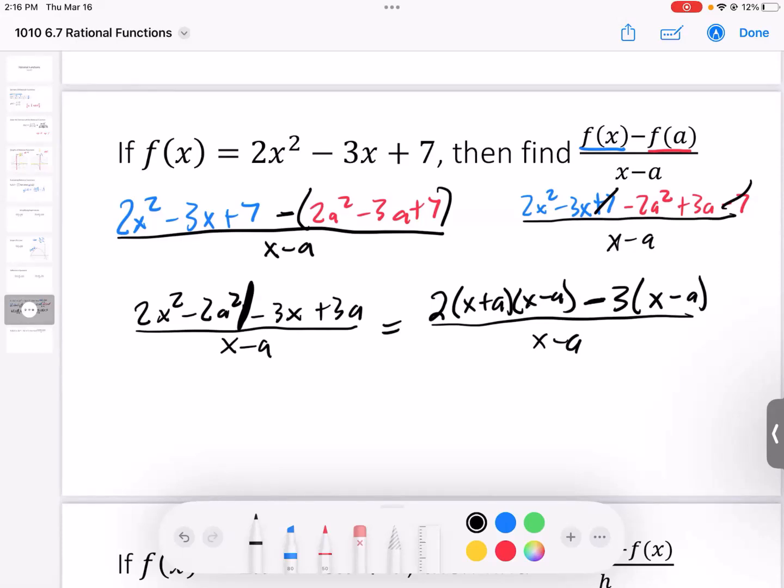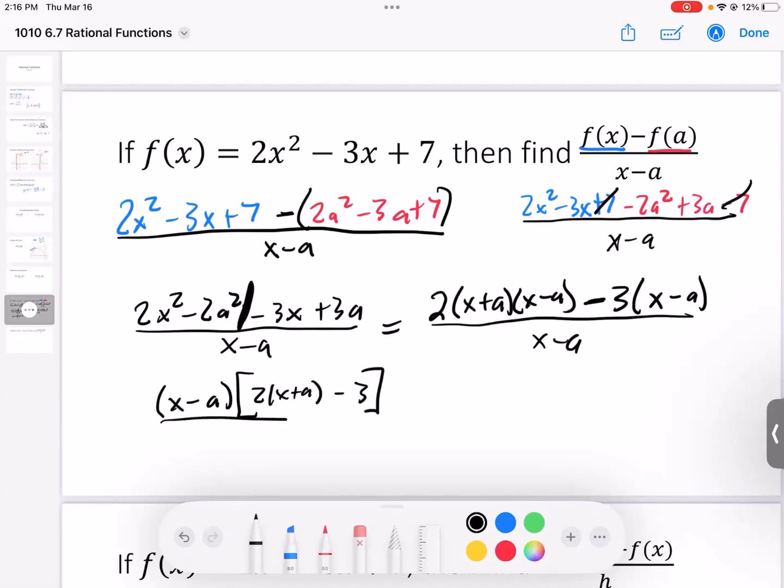Yeah, they both have an x minus a. So I can pull out that x minus a, and that gives me x minus a times my leftover stuff. When I take this part and divide out x minus a, I have 2 times x plus a. And on this part, when I take out an x minus a, I'm left with a -3. And so that's the stuff that's left over.